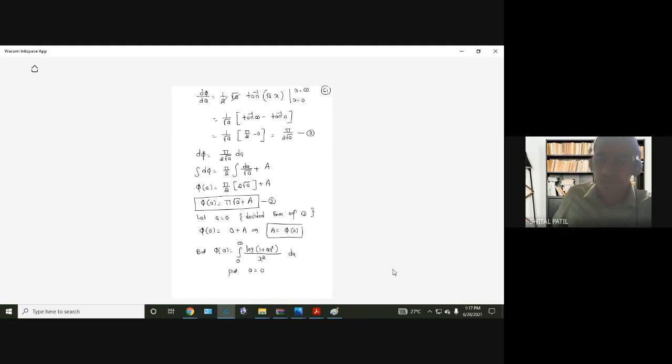लिख दिया आपने यहाँ तक. I wrote up to this step. So I'll substitute a equal to 0. Let me change the page.